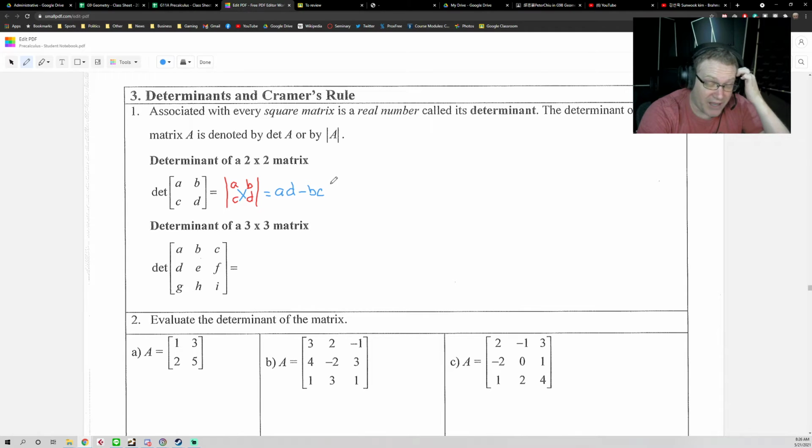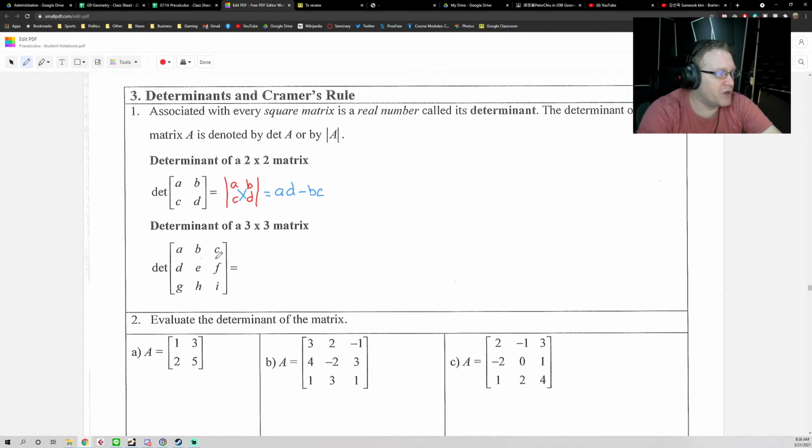Now, actually doing the 3 by 3 is not too difficult. It might be a little bit confusing the first time you do it, but you start to realize there's a pattern there, and it's actually pretty easy. If you can find the determinant of a 2 by 2, then you can find the determinant of a 3 by 3. So how do we do this?